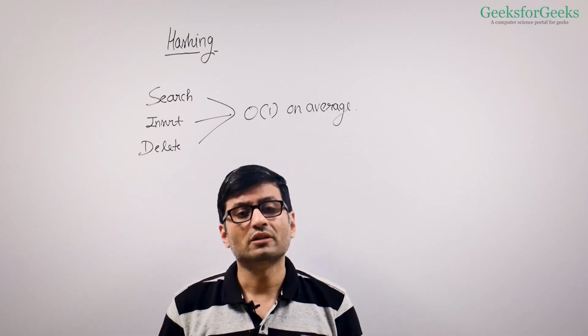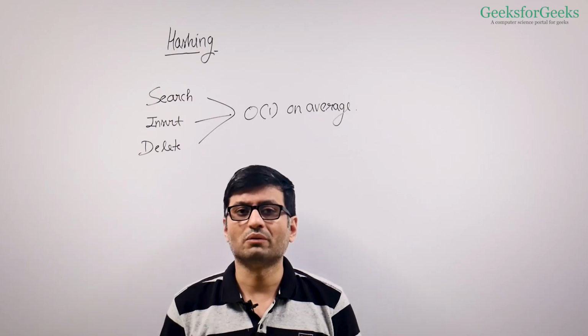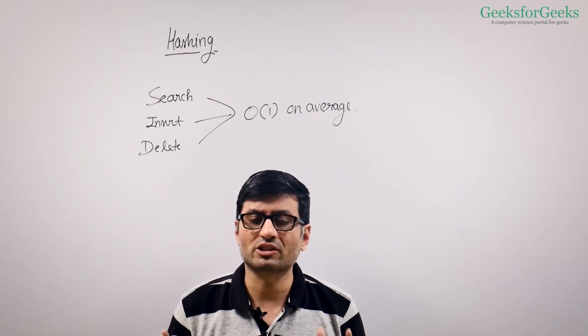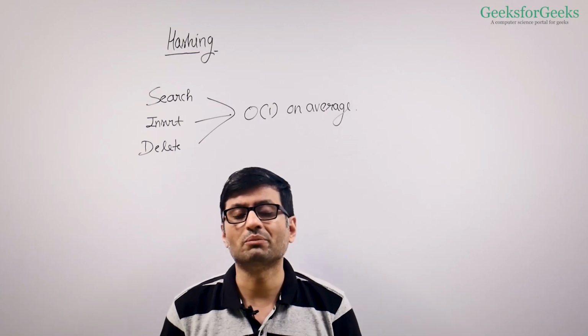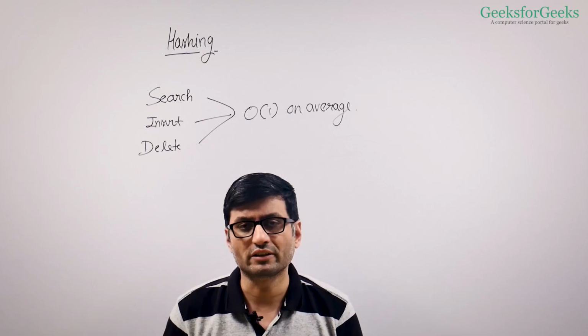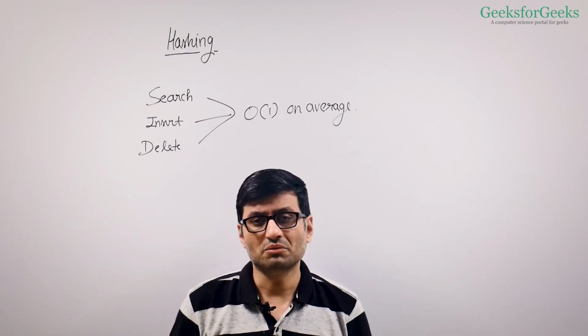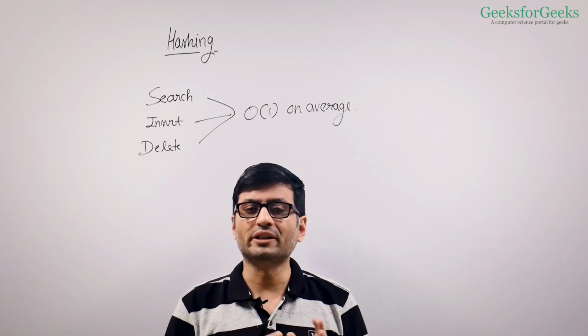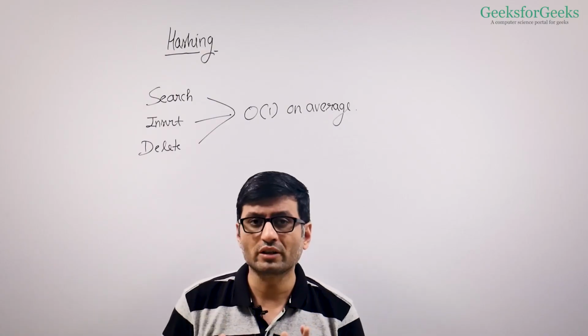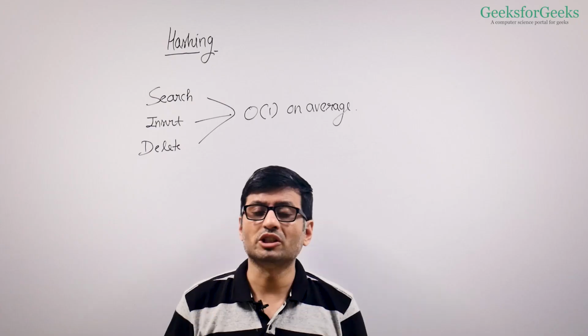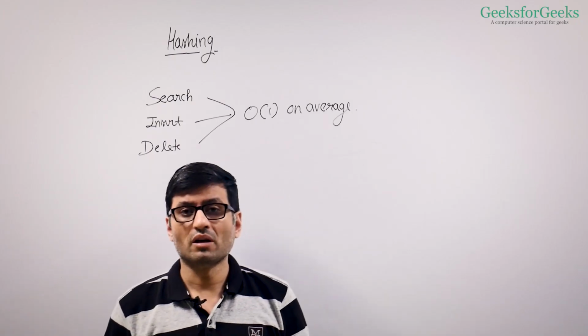Big O of log n is still higher than big O of 1, especially when you have large data. Big O of 1 is going to take much less time compared to log n when n is really high. So hashing beats arrays, it beats AVL trees and Red Black trees because they are big O of log n, and it provides all these three operations in big O of one time.